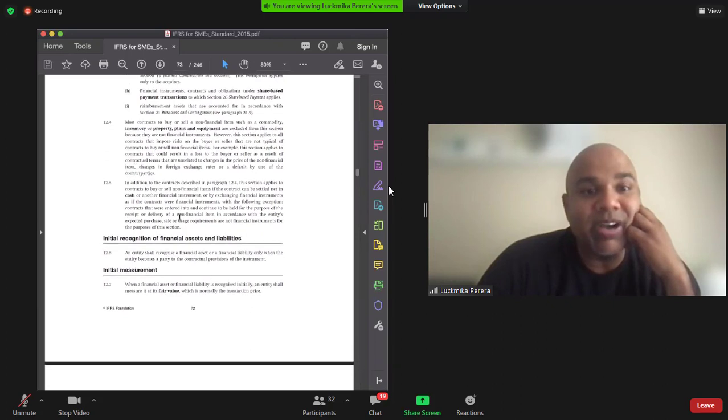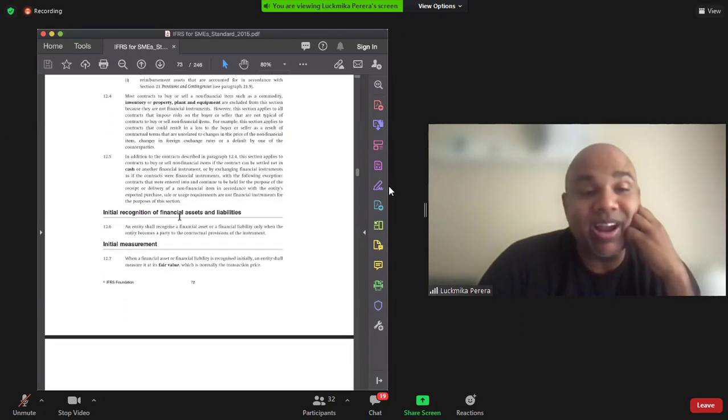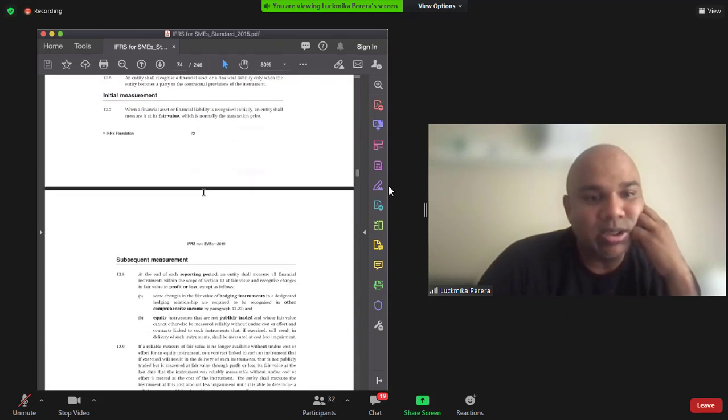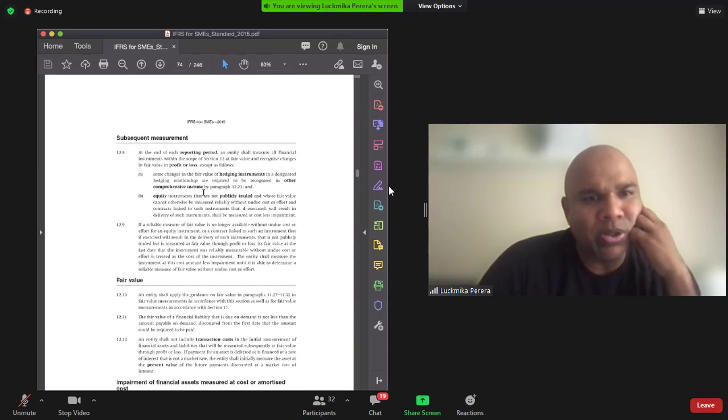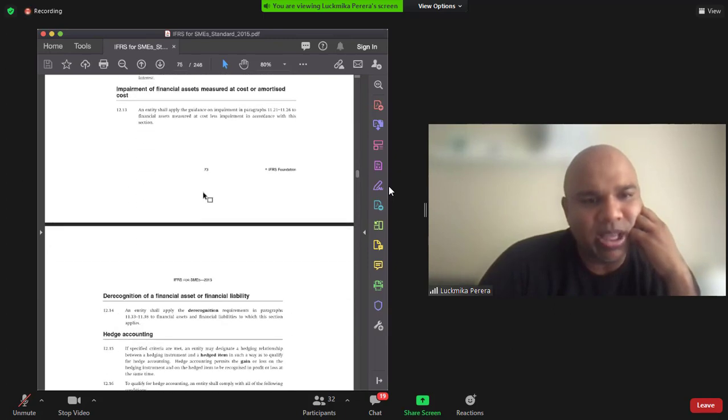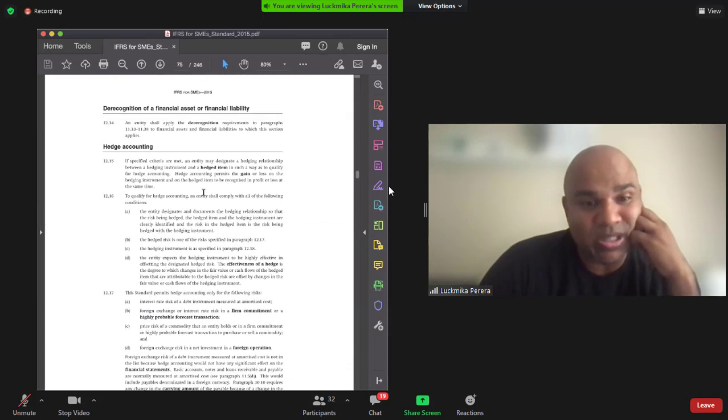In addition, the contracts described in Section 12.4. This section applies to contracts to buy or sell non-financial items if the contract can be settled net in cash. Okay. So let's go on to some of the impairments and so forth, hedging accounts and so forth.